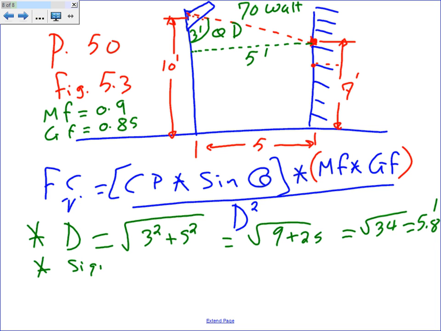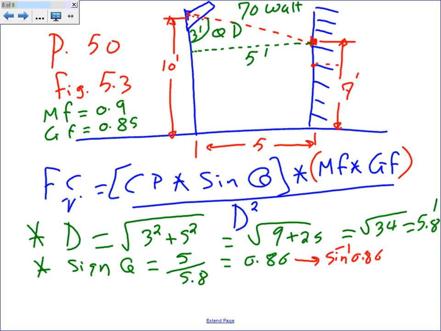Sine Q equals the opposite over the hypotenuse, 5 over 5.8. What would that give you? 5 divided by 5.8 equals 0.86. Then reverse that function and find sine inverse of 0.86.